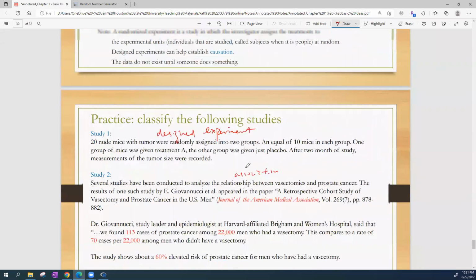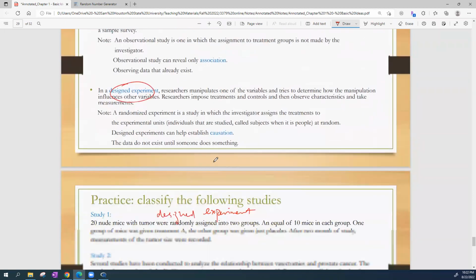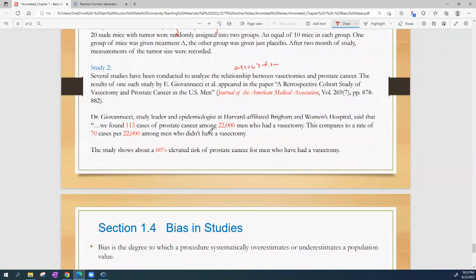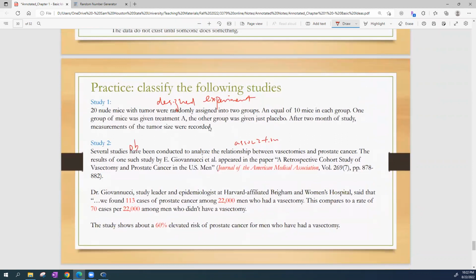So here we are observing data that already exist, and the researchers are really looking at the association. So study 2 is an observational study.